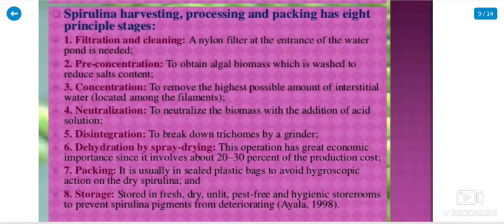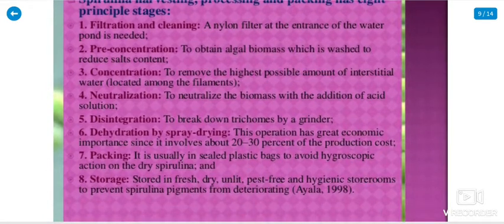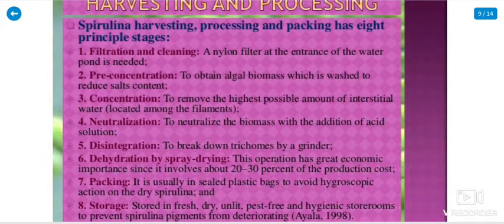The seventh is packaging. And finally, the storage method. The storage method covers fresh spirulina, dry spirulina, and pest-free spirulina, with hygienic storerooms to prevent spirulina pigments from deterioration. These are all the methods of spirulina harvesting and processing.